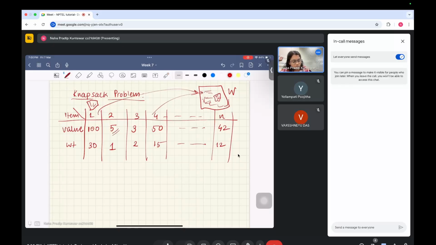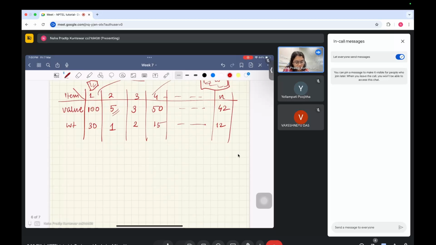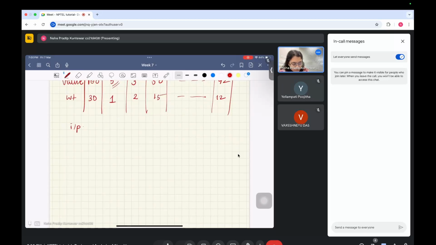as possible. So let me just write this in terms of input and output form. Input to you is an array of n items.